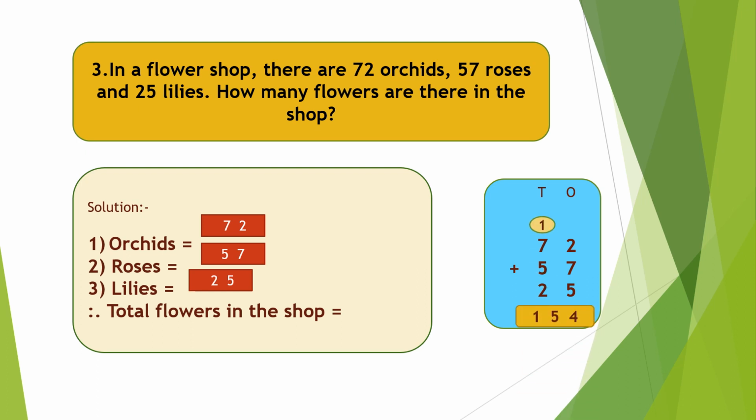So add them, children. What is your answer? We get 154. So therefore, total flowers in the shop equals to 154. So here we have found out how many flowers are there in the shop. That is, our answer is 154. Let's move to the next one.